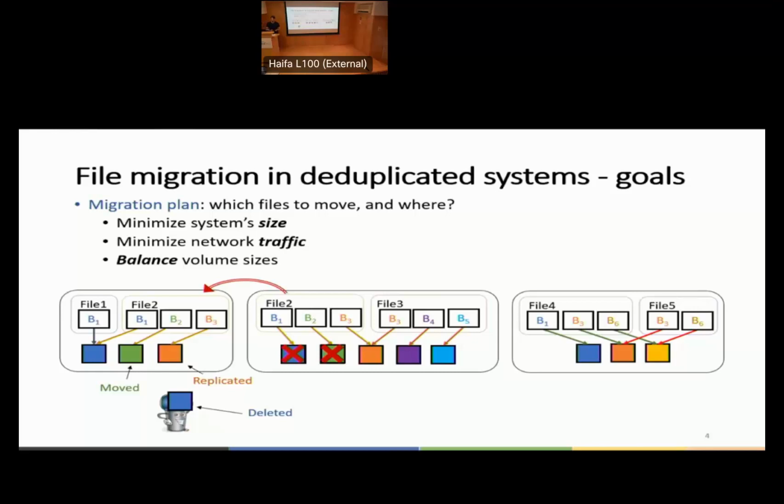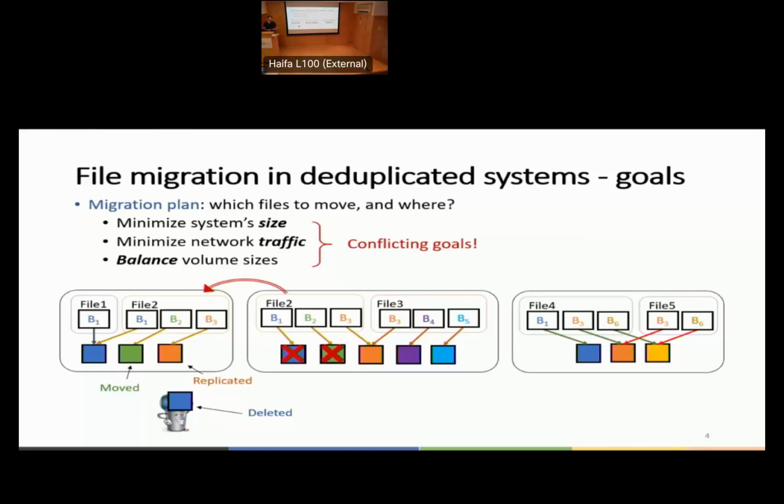All those three goals are part of our study, but the main point is that those three goals are conflicting. If we want to minimize the system size as much as possible, we need to make the deduplication as efficient as possible. We need to put the entire system inside one server, inside one volume.